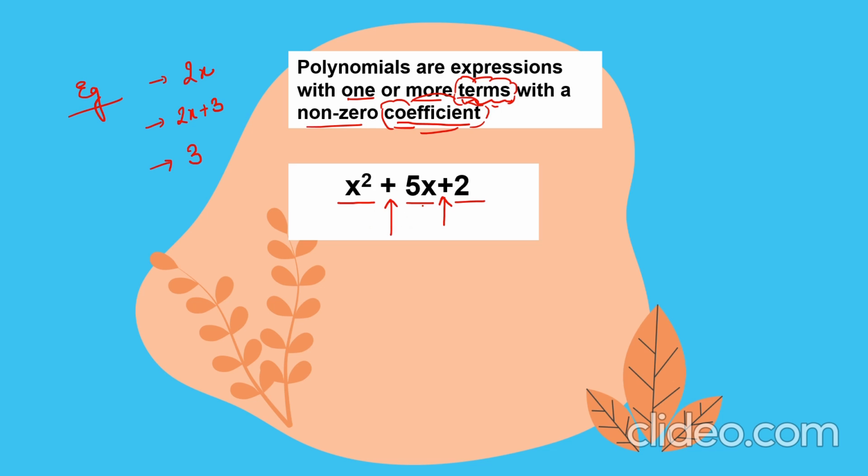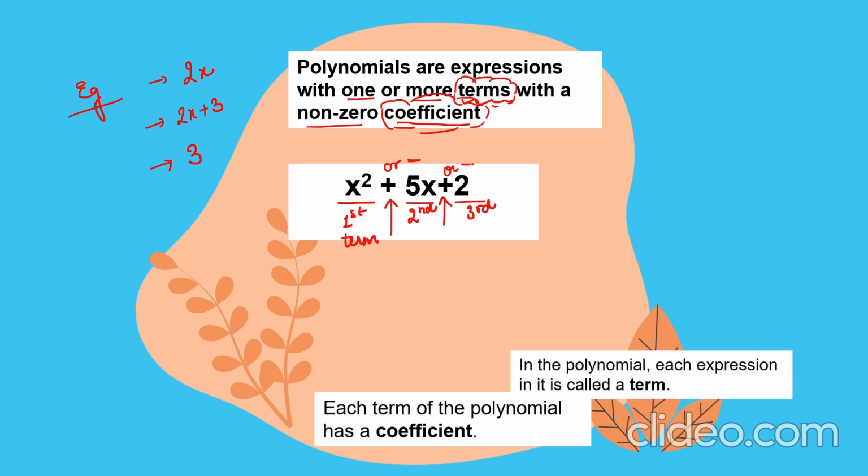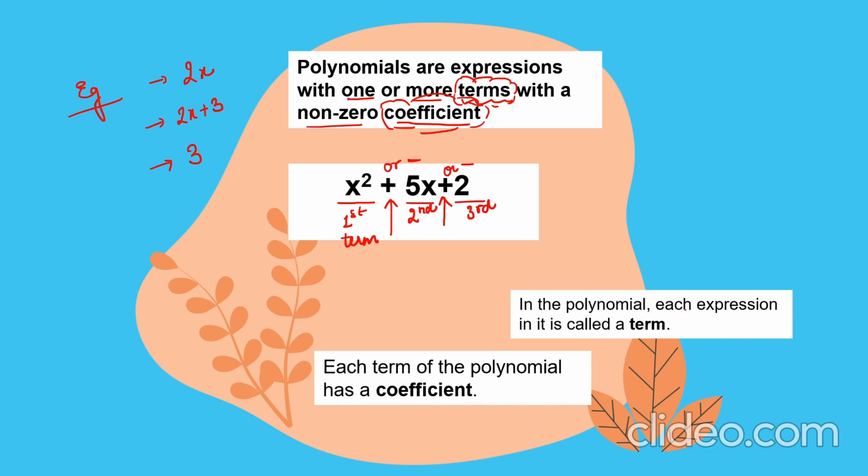So here we have three terms. This is our first term, x square. This is my second term, 5x, and 2 is my third term. So terms are those which are separated by addition or subtraction. In a polynomial, each expression in it is called a term.